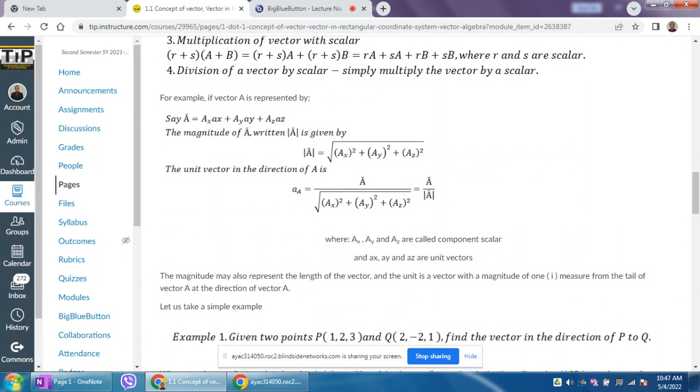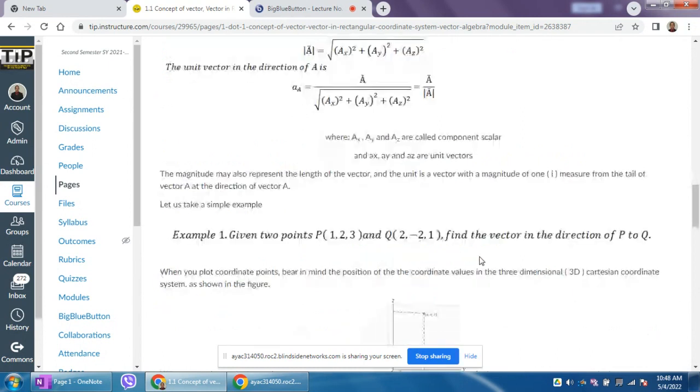Now, a unit vector in the direction of A is given by small a sub capital A, representing a unit vector, which is equal to the given vector over its magnitude, or A divided by the magnitude of A. Ayan po. So, these are two formulas na, wherein AX, AY, and AZ are called component scalars, and the unit vectors are i, j, and k.